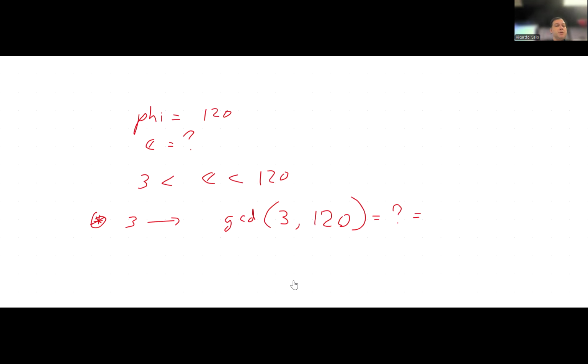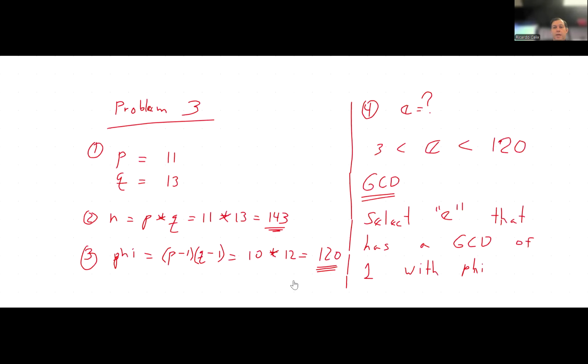So does this number meet the GCD condition? We established that the GCD condition says that it needs to equal 1. So maybe I need to write it as GCD of E and phi equals 1. Sorry, I ran out of room.